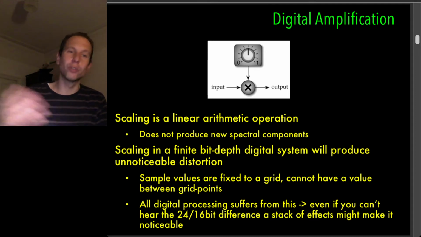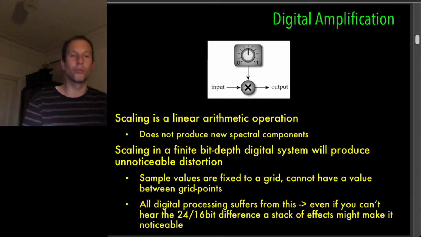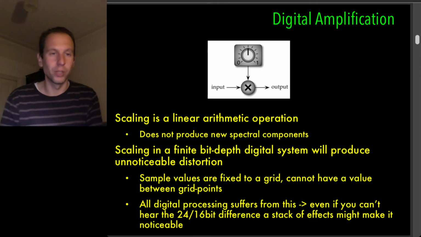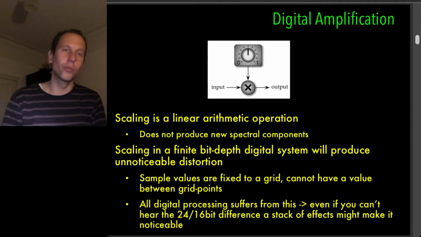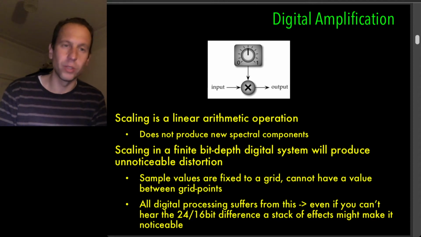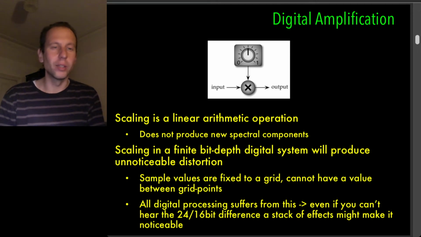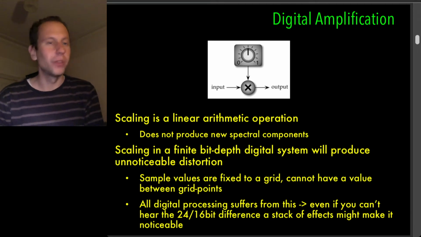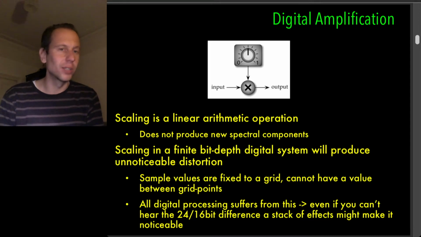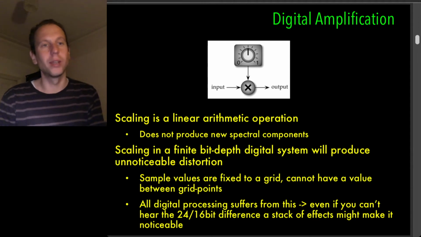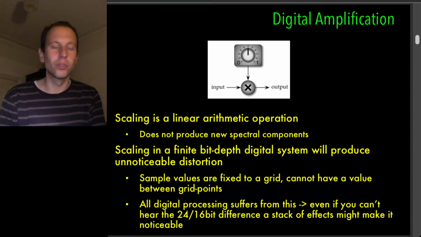So the final resolution that goes to the sound card isn't as crucial as this intermediate resolution if you have a stack of digital processes. And the same thing holds for sampling frequency. Similarly, you need a very ideal listening environment to hear the difference between 48K or 96K recording purely through playback. But if you stack a heap of plugins onto these recordings, then at some point the difference shall be audible.